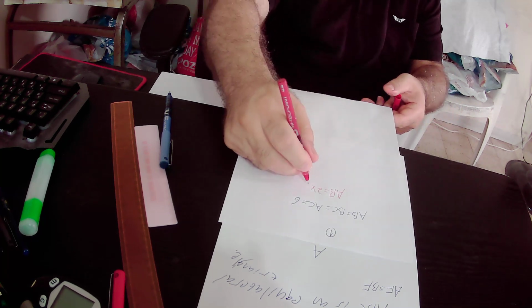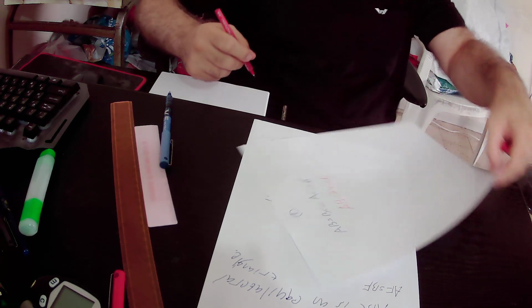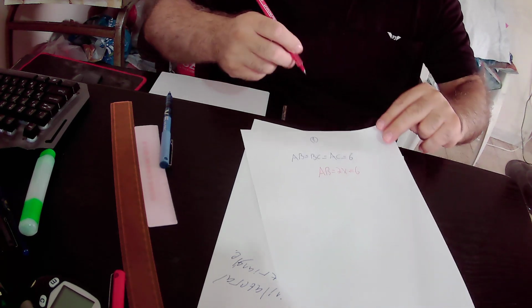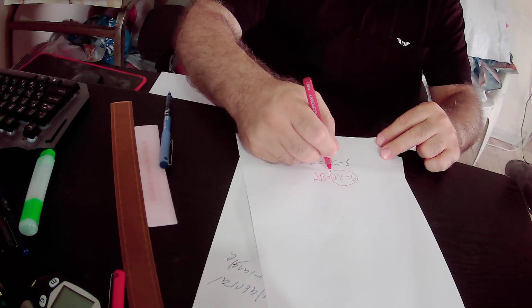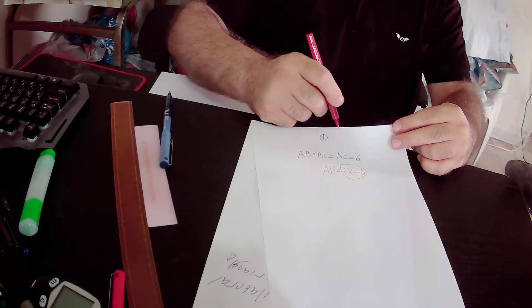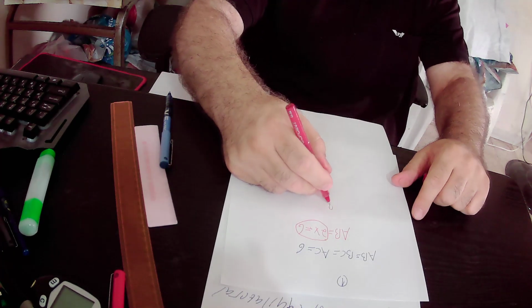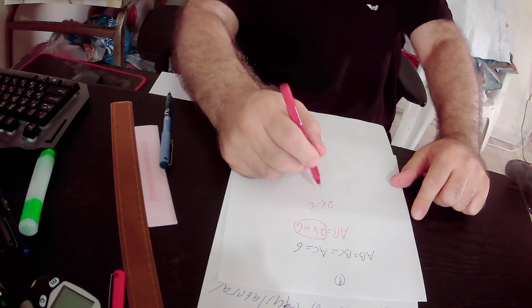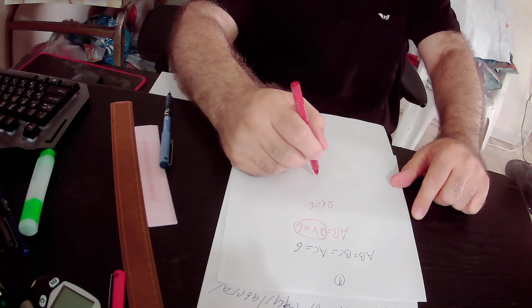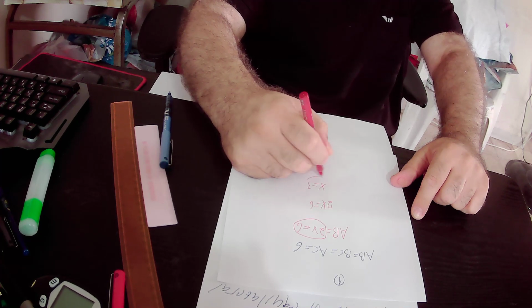So 2X equals 6 units. We can divide this equality by 2 and we get X equals 3 units.